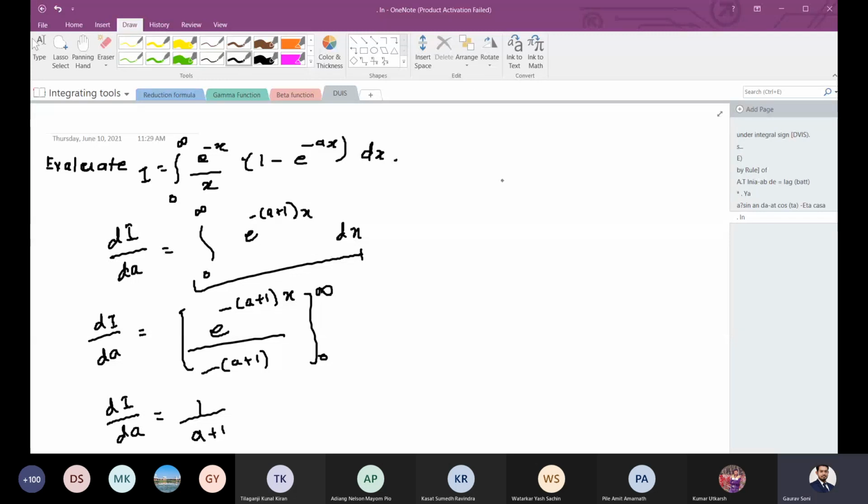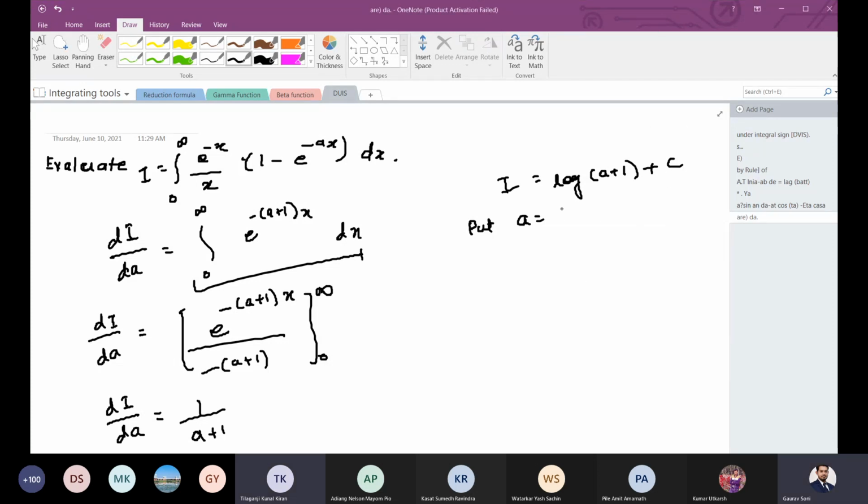So from this, I will become log of a plus 1 plus c. What is the value of a that you will put? Sir, minus sign. My question is, what is the value of a so that you can find the value of I easily? Sir, 0.